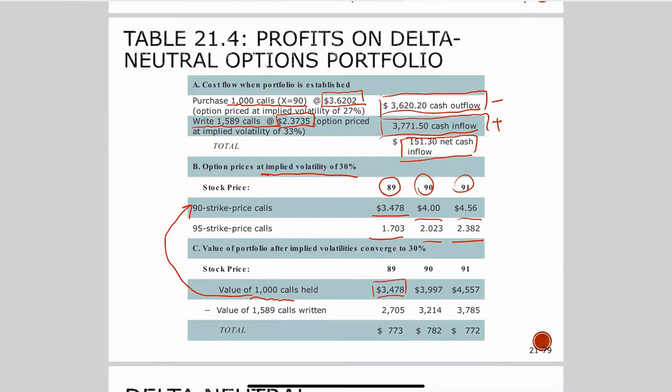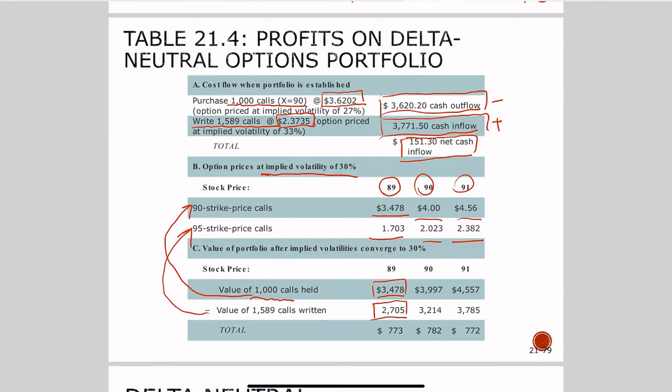And you have written 1,589 calls, and for each call, its price is $1.703. So if you have written 1,589 calls, then this negative cash flow would be 2,705.